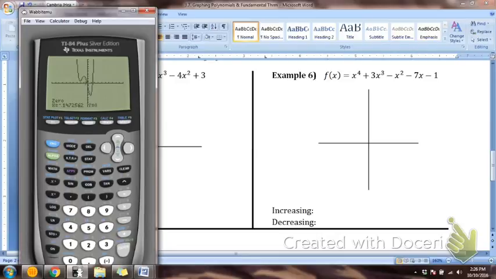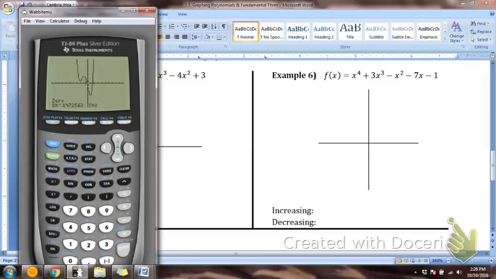I'm getting the point negative 0.147. Is anyone else getting the same thing? Okay, so we know that that's one of our zero values. Negative 0.147. Please at least give me 2 decimal values, if not 3. I do not want just negative 0.1.